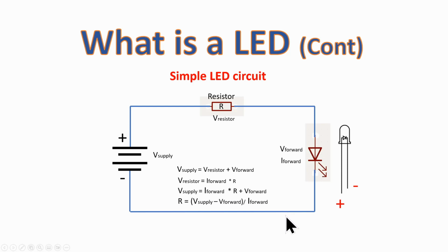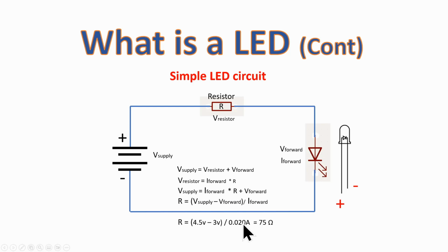And if we apply the values that we're going to be using in our experiment, the 4.5 volts minus the 3 volts of the forward voltage of the LED, and the amperage of the LEDs that are supplied in the kit that we're going to be using is 20 milliamps.